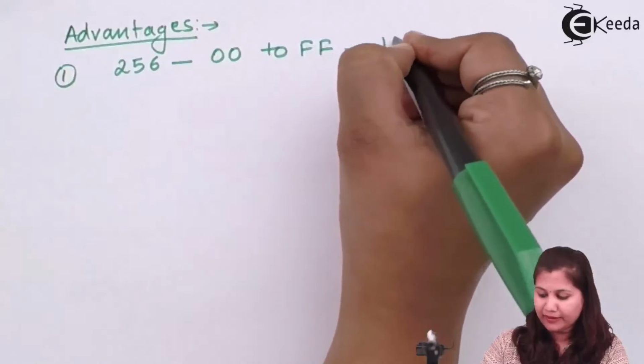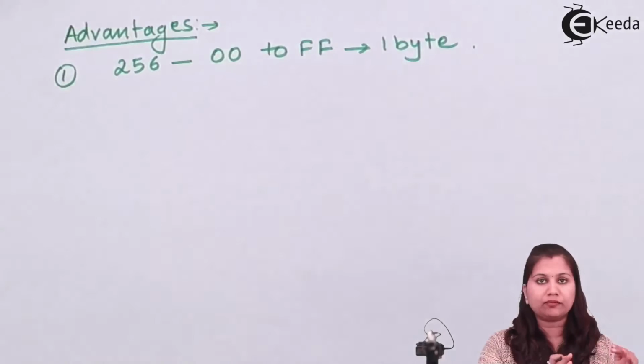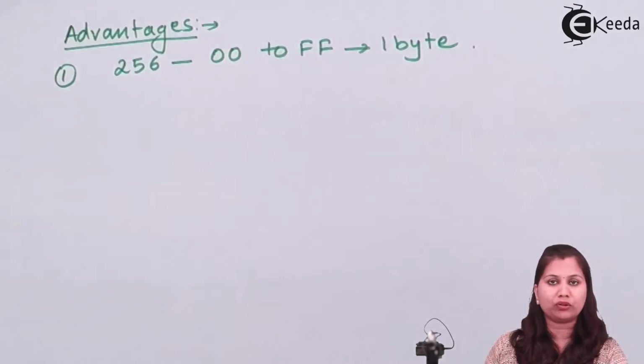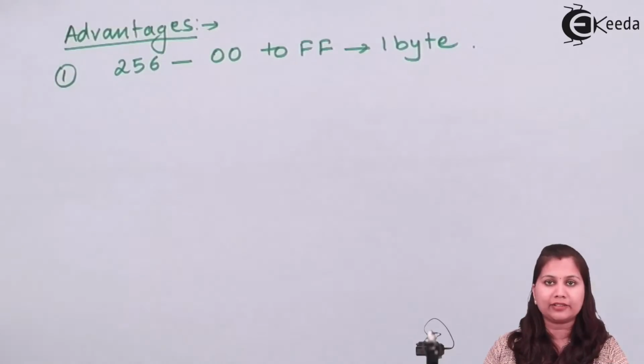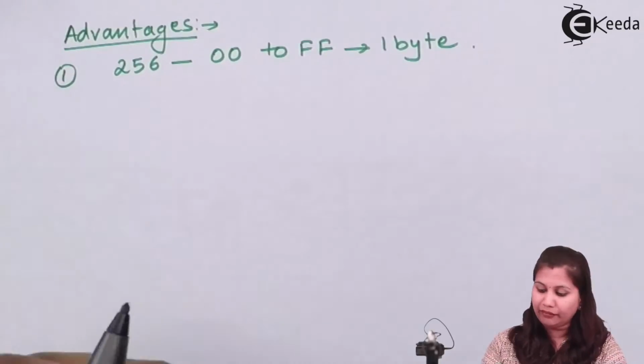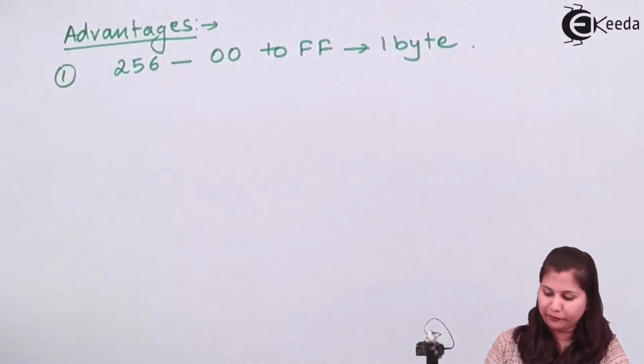Only a 1 byte address we have to provide in the instruction. So 1 byte is for the jump instruction, 1 byte is for the address, and the total instruction becomes a 2 byte instruction. So the number of bytes occupied by that instruction is reduced, and we have to provide this 1 byte address in the 2's complement form.